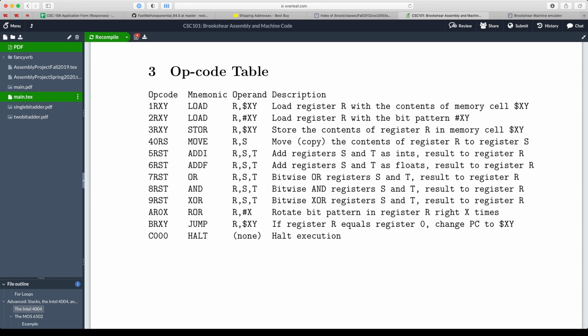Okay? Okay, so what about the second instruction? I picked 2202. So what's that one going to do? Right, load register 2 with the actual number 02. And all of these numbers, by the way, are in hex.